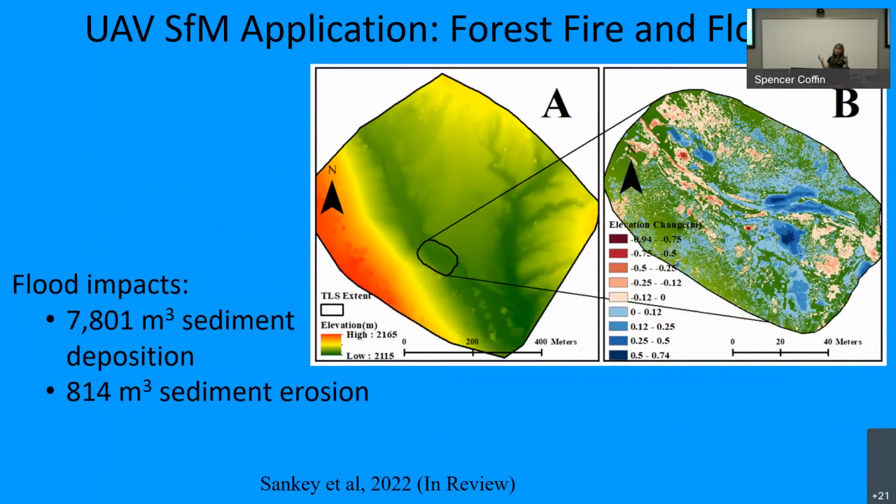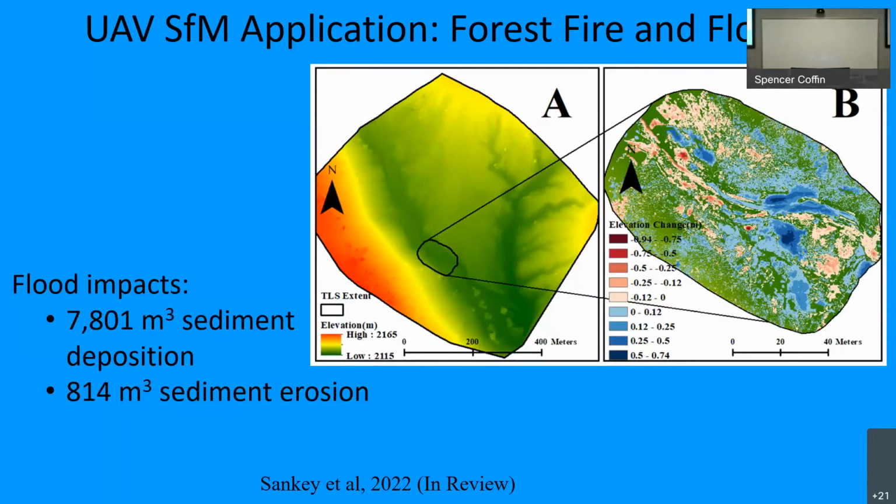We also use the structure from motion LiDAR point cloud data to generate a high resolution digital elevation model pre and post flood to look at erosion and geomorphic changes. And so here is the high resolution digital elevation model that we generated.